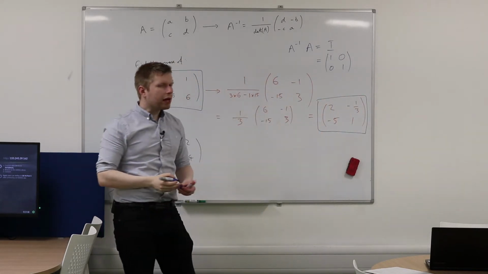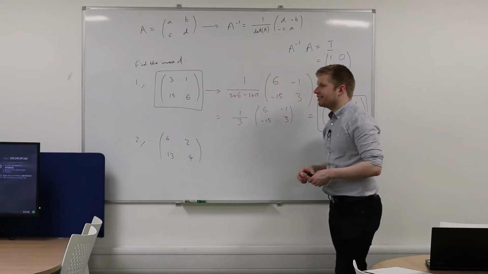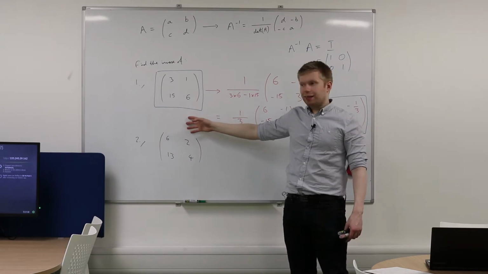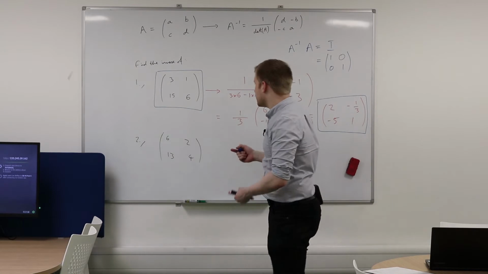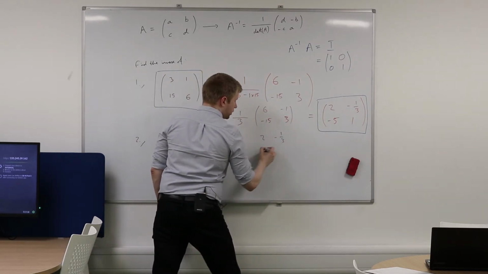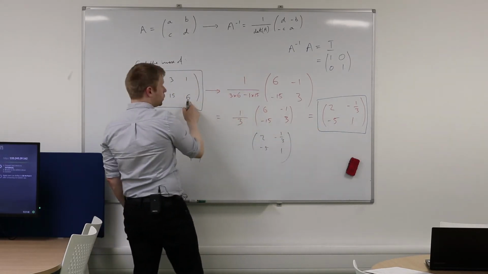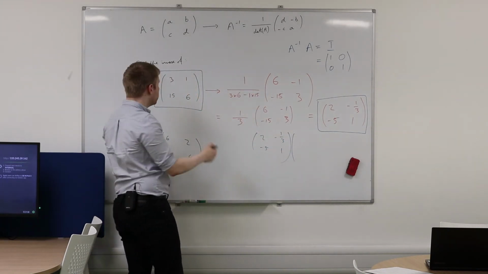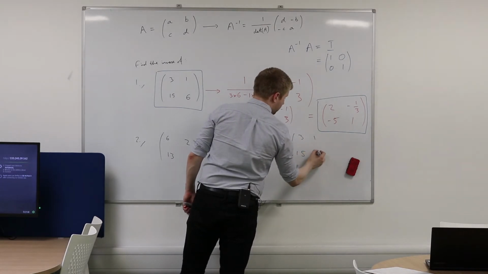Now how can I check that I've done the right thing here? If I take this and I multiply by this, it should be equal to the identity matrix. So let's check this out. If I take 2, negative 1/3, negative 5, and 1, in other words, that matrix there, and I multiply by this matrix here, by the way, in this case, it doesn't matter which order. So just take this, 3, 1, 15, and 6.